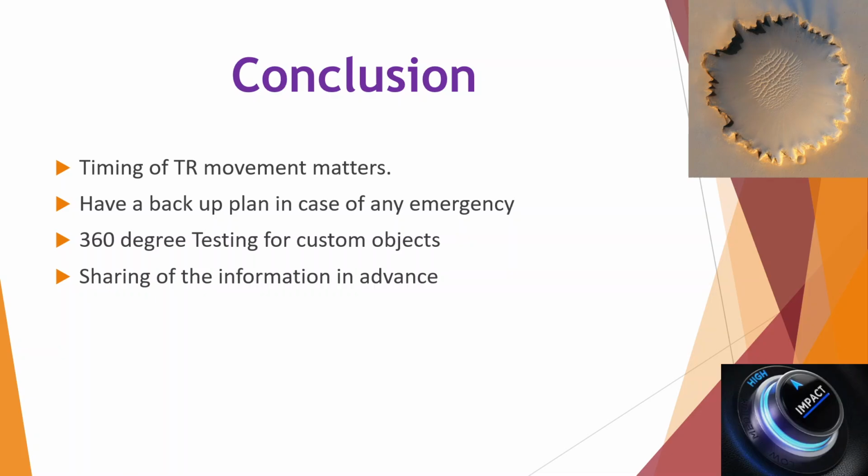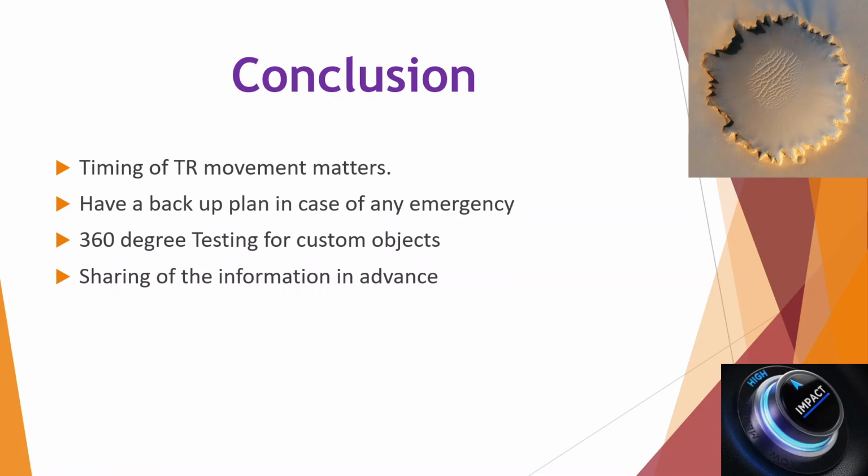Regarding the mistakes or the impact of TR movement to the production system: if all goes well, nobody cares, and if things go wrong, nobody leaves you either. So you have to play the game of TR movement very safely by taking all the safety precautions in place.